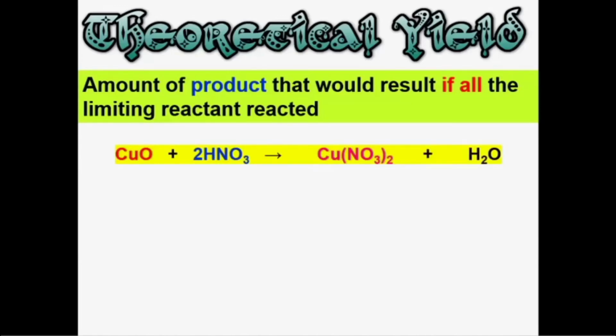The problem that we are discussing right now. From the balanced equation, we know that 1 mole of copper II oxide reacts with 2 moles of nitric acid to produce 1 mole of copper II nitrate and 1 mole of water. But in this reaction, we have 7 grams of copper II oxide, or in the form of moles, we have 0.088 moles of copper II oxide.